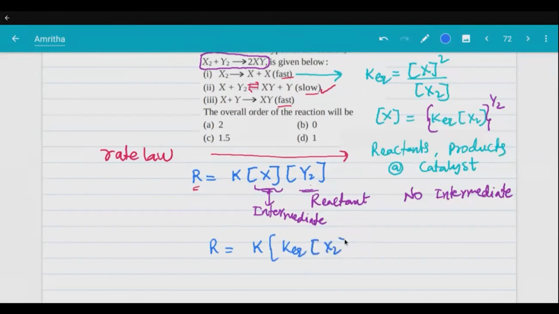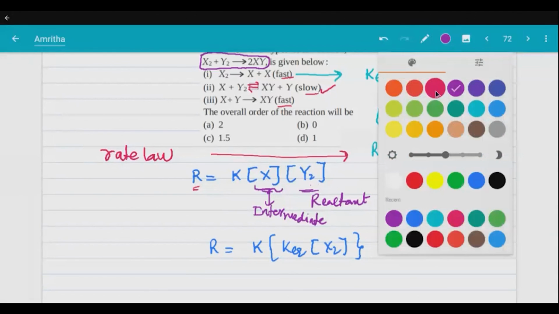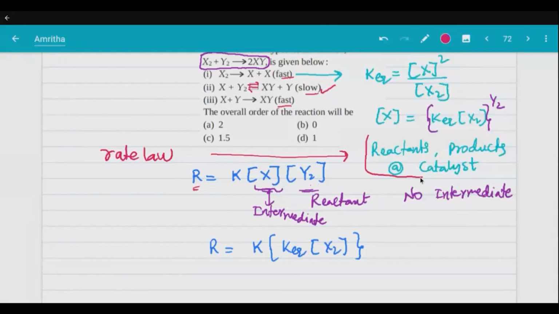and x2. Sir, why are we substituting? Because I told you, the rate law must contain, in every rate law, either reactants, products, or catalyst. So this is power 1 by 2, and Y2. Y2 seems fine, right?